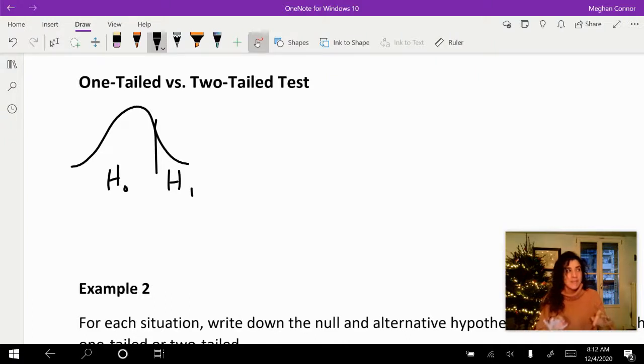To not risk confusion, I'm just going to leave it at that, the idea of a one-tailed test.